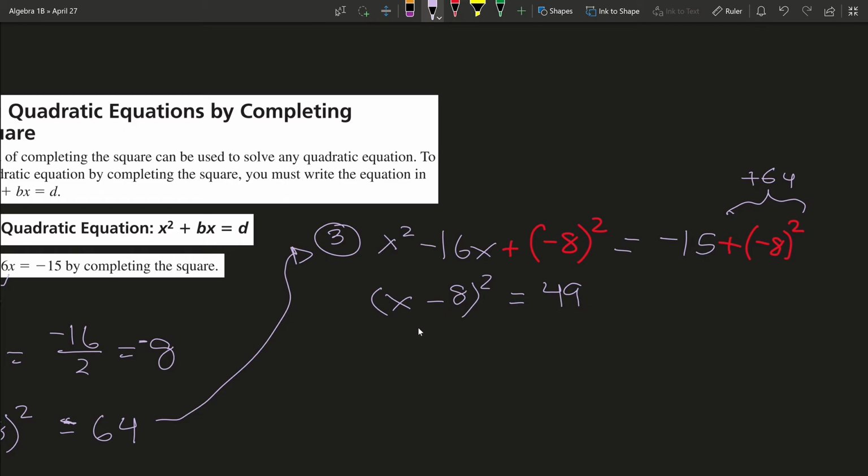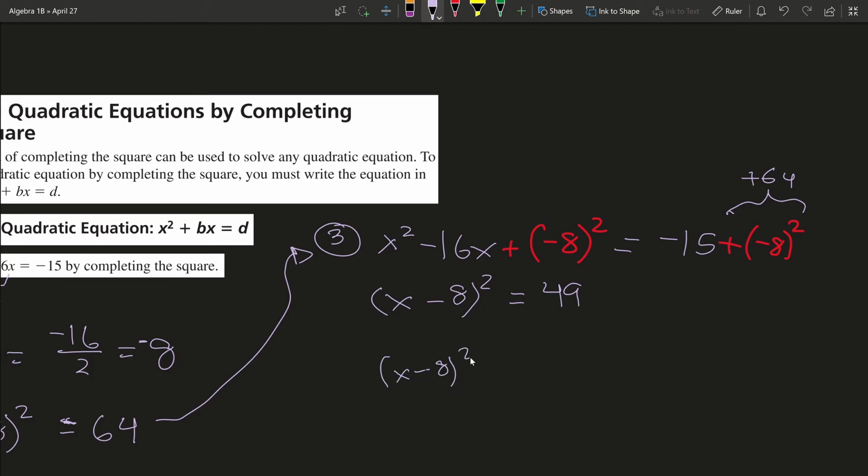Alright, so now we have this 2 up here as our exponent. So how can we get rid of this, right? We can't solve this until we get rid of it. So what we're going to have to do is do the opposite of an exponent. That means, since it's to the power of 2, the opposite of the power of 2 would be finding the square root.